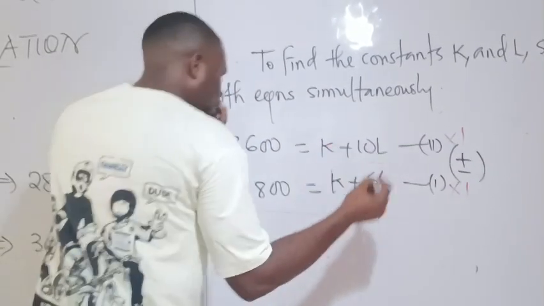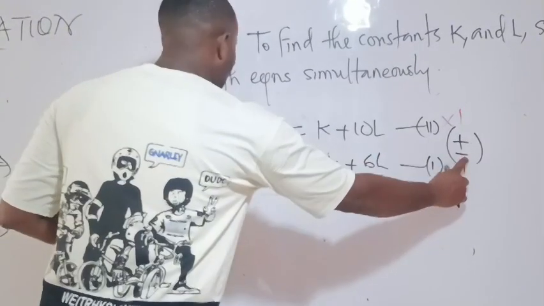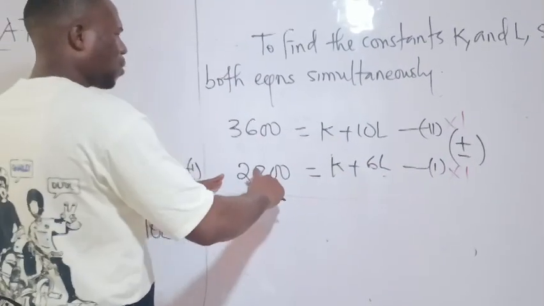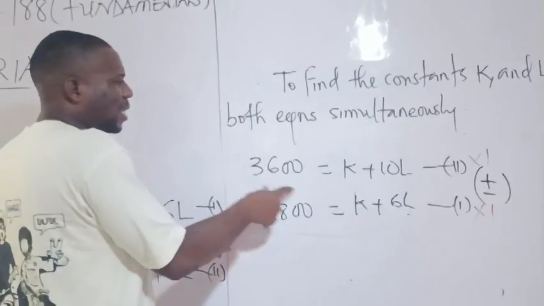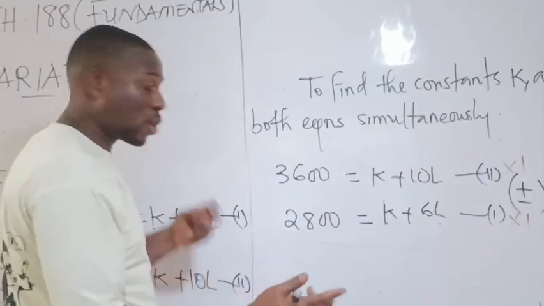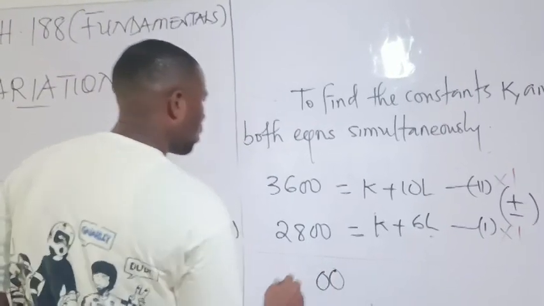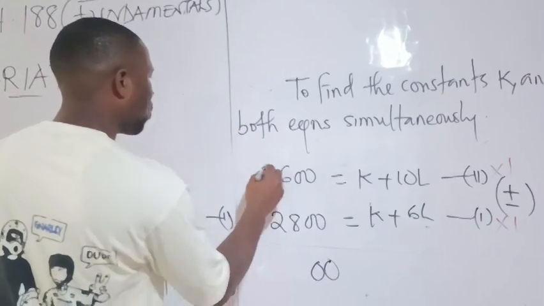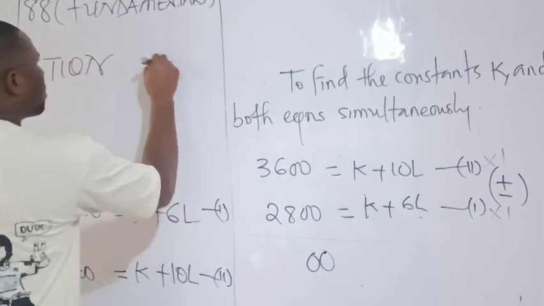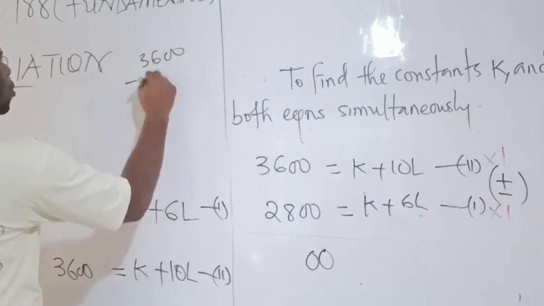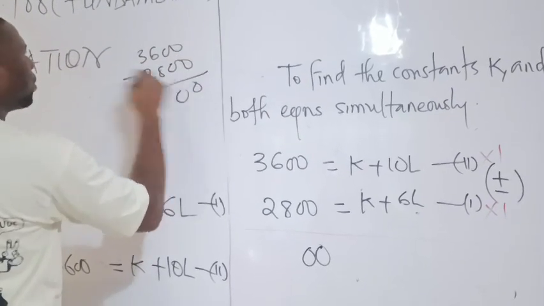Alright, so let's proceed. Minus times plus gives me a minus, so I'm left with plus 3600 minus 2800. Let me do it here: 3600 minus 2800. 0, 0.